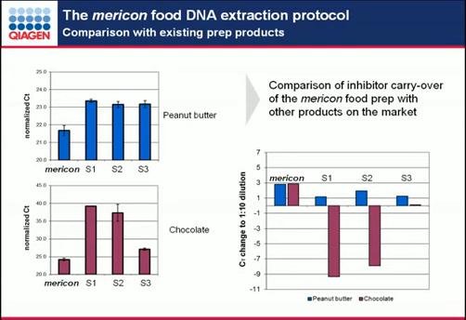With the other 3 sample preps, there is a slight shift with peanut butter in all 3 different sample preps, but with chocolate, especially from 2 of the different sample prep types, there is a shift to the left when you do a 1 to 10 dilution, which suggests that the initial undiluted sample was highly inhibited. So it gives further credence to the fact that the inhibitors have been removed by the Maricon food DNA processing.